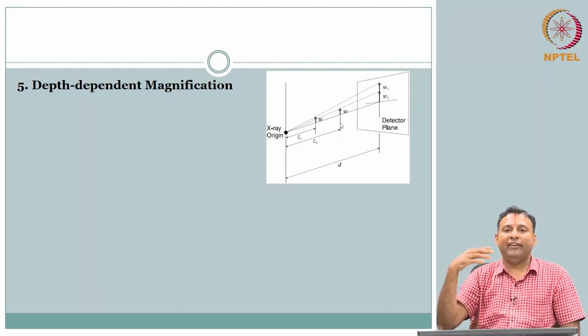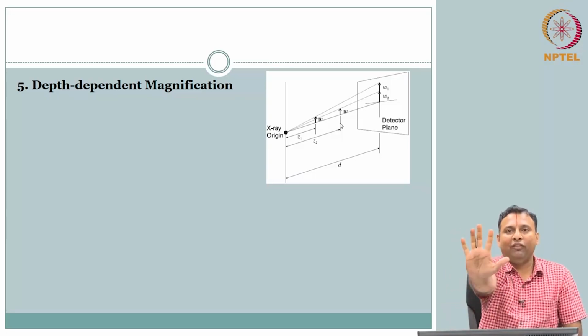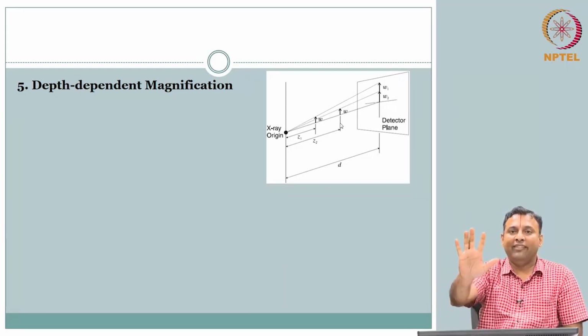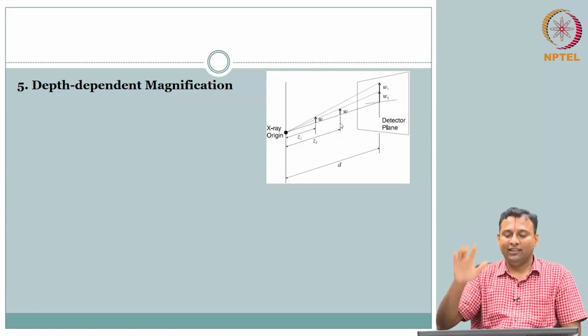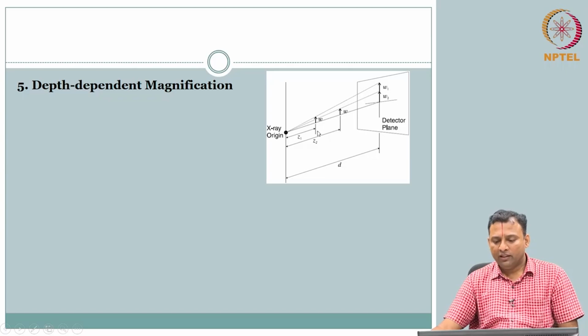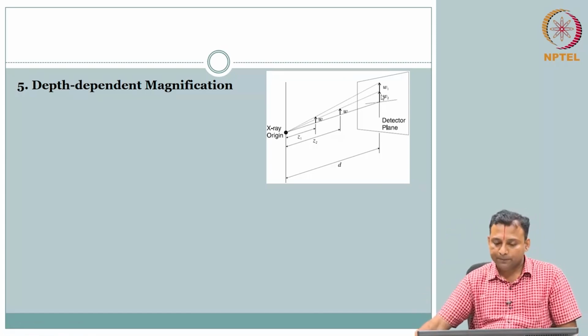If I don't have any other calibration factor to account for this magnification when I move front, then my object size is dependent on where it is presented between the source and the detector. Very intuitive. So here if it is at Z1, you get W1. If I move to the Z2 location, I get W2. Move close to the source, away from the source.